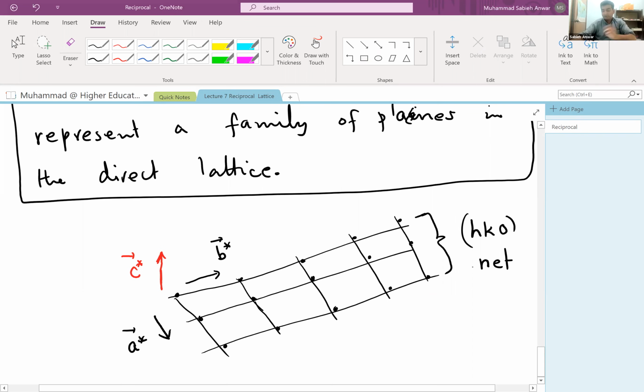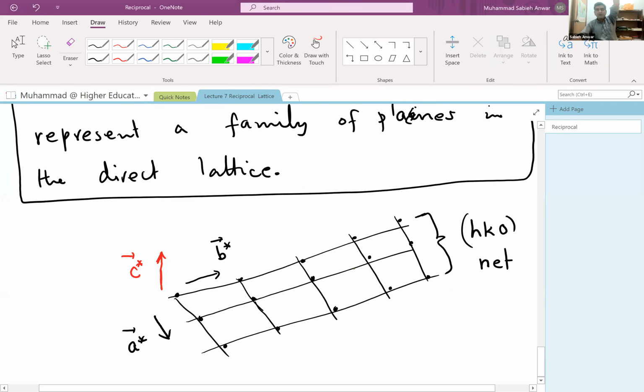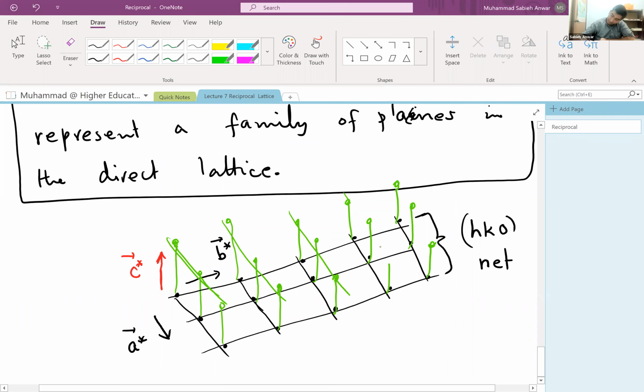Now, I have a net exactly above this, of lattice points in the reciprocal space. Okay, so this is the HK1 net.